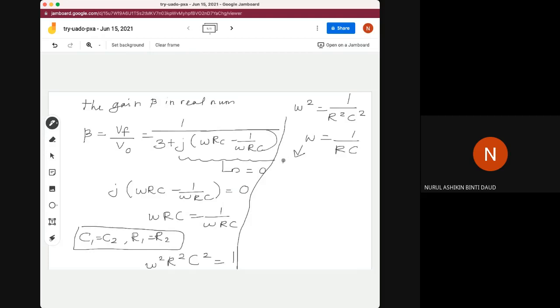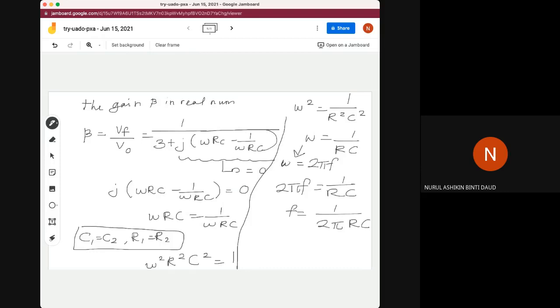Omega is 2 pi F, where T is equal to 1 over F. So we can replace that: 2 pi F is equal to 1 over RC, and to get the frequency, F is equal to 1 over 2 pi RC.